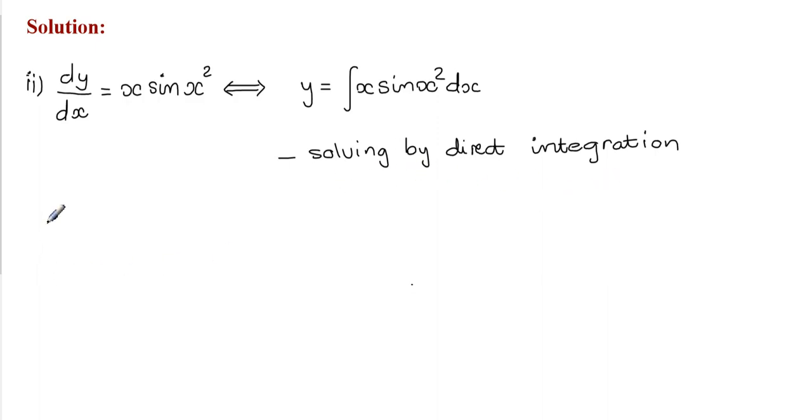So now the solution here will be y equals the integral of x sin x squared dx. Then we apply our knowledge that what is under the integral sign, if we have to solve this using analytic methods, must be a function which is a derivative or at least transformable to a derivative. So we can use the method of substitution here by saying let u be equal to x squared.